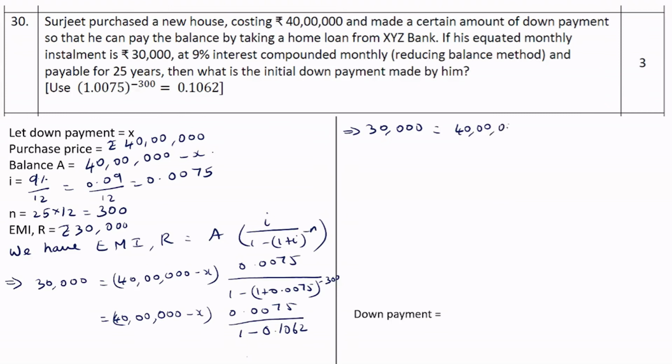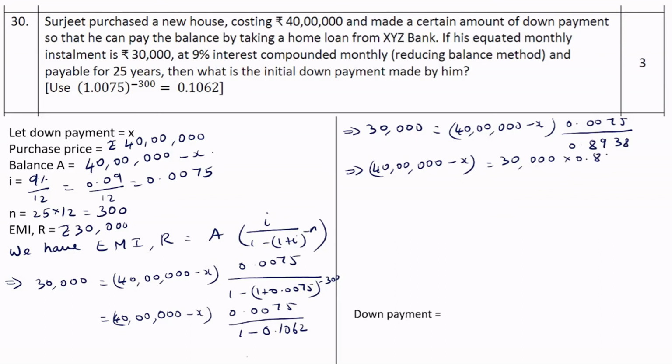So 40 lakhs minus X into 0.0075 upon 0.8938. From this we get 40 lakhs minus X is equal to 30,000 into 0.8938 upon 0.0075.